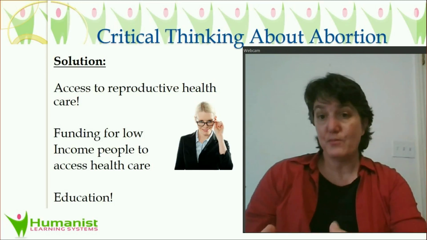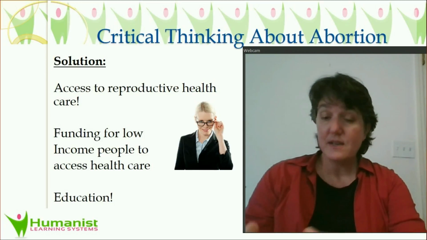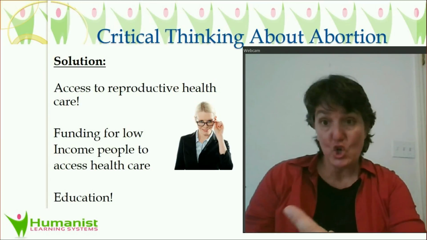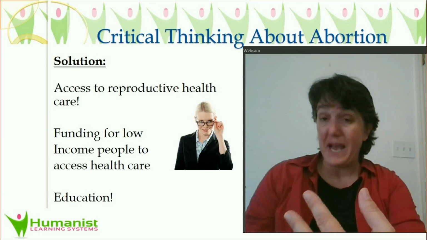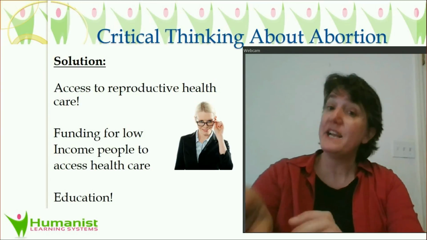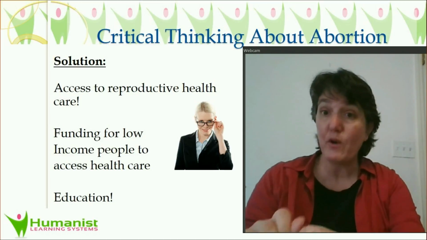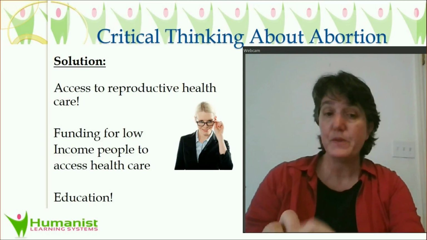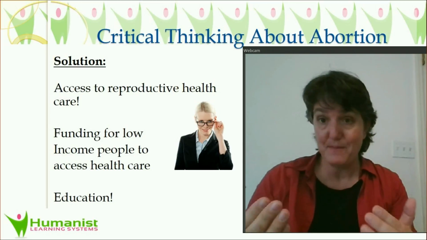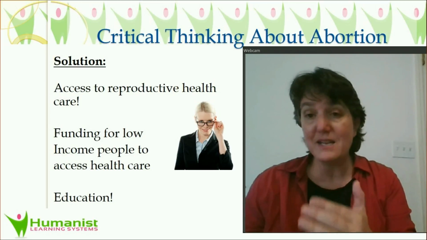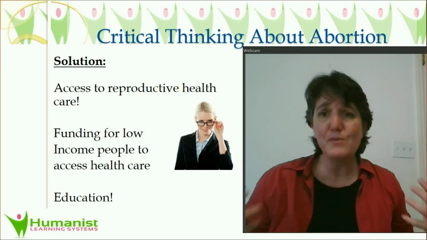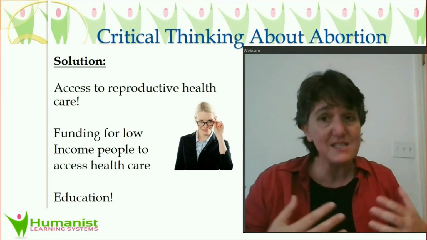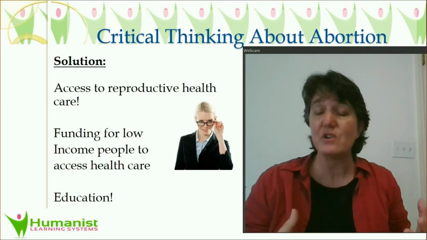Not only is this approach science-based, validated to work, it is also compassion-based. We're not punishing people for getting pregnant when they don't want to. We're supporting them so that they don't end up with abortion. I don't know any woman who really would want an abortion. It's a scary procedure.